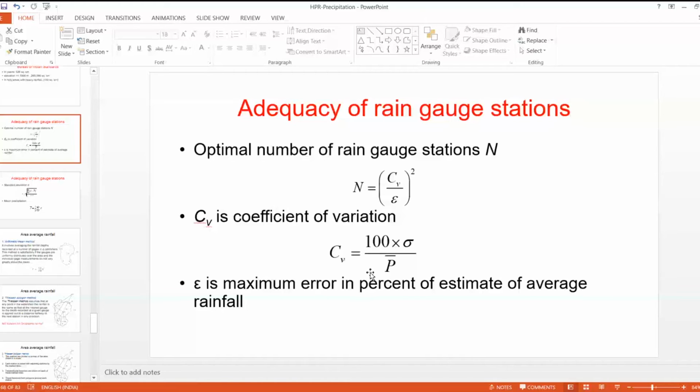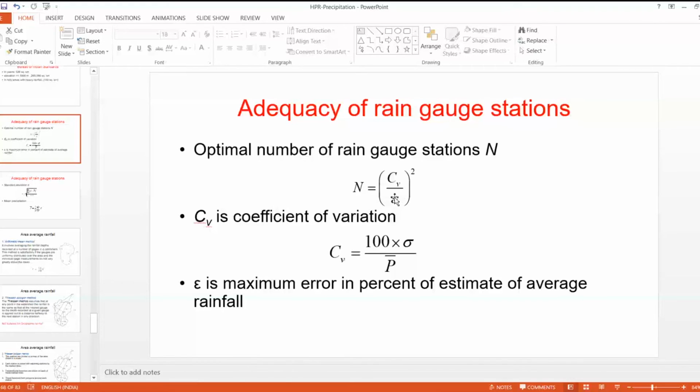So in that example, epsilon is given as 7%. Then we need to calculate the optimum number of rain gauge stations required. You can see here, suppose epsilon is high, that is, we can permit a higher error or higher variation, then the number of rain gauge stations will decrease.